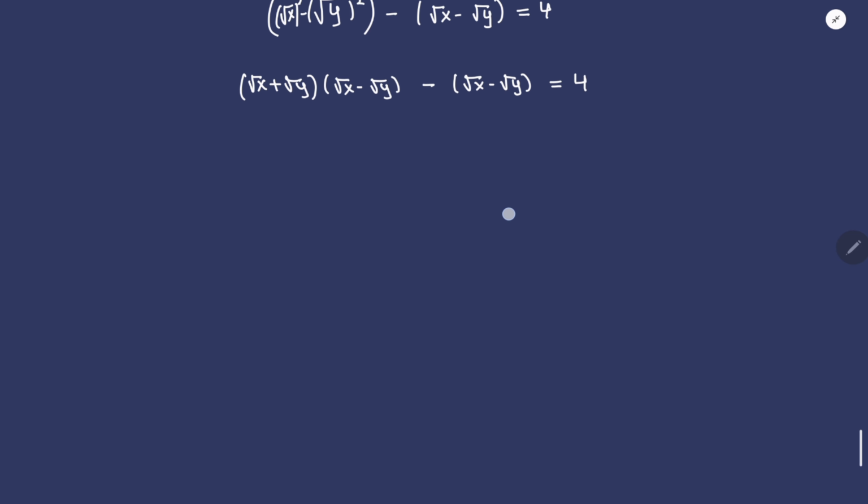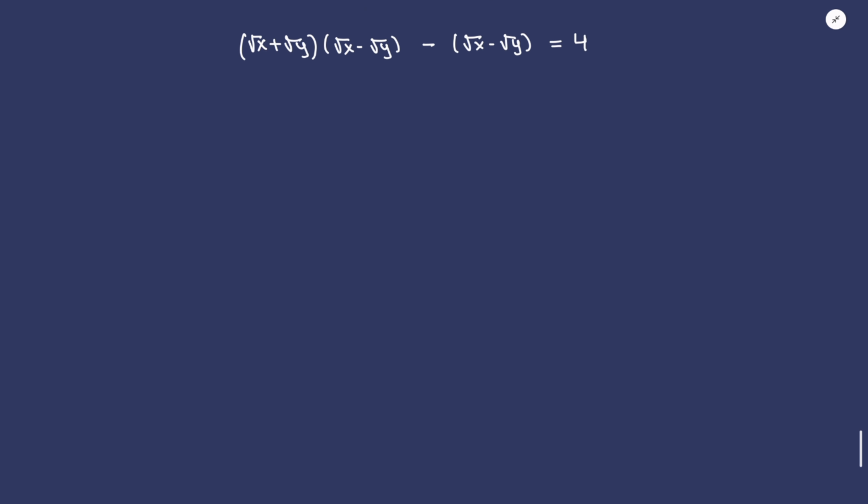Now as we can see here, this term is common, right? So I can take under root x minus under root y common. I will be left with under root x plus under root y minus 1, right?